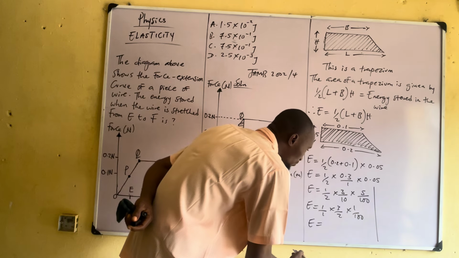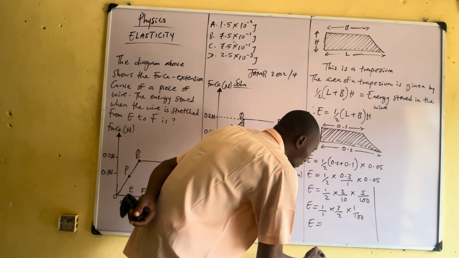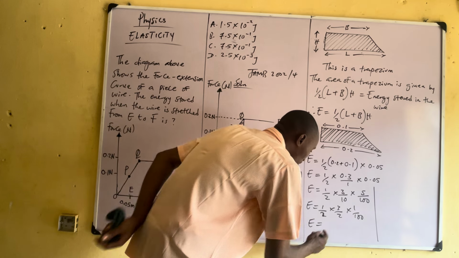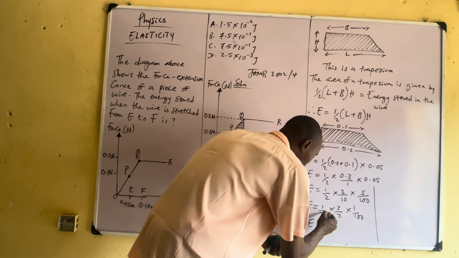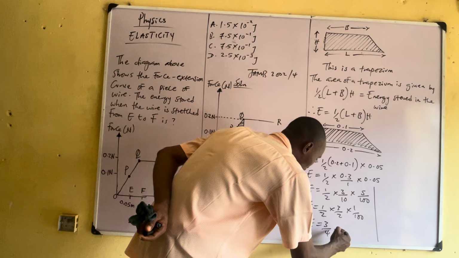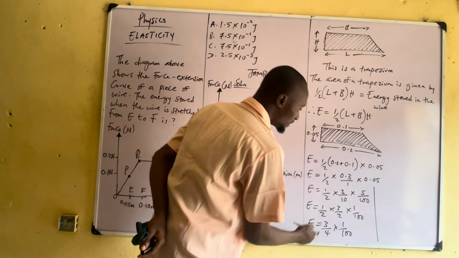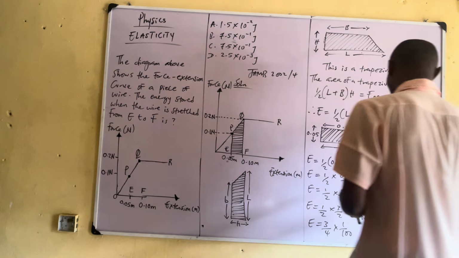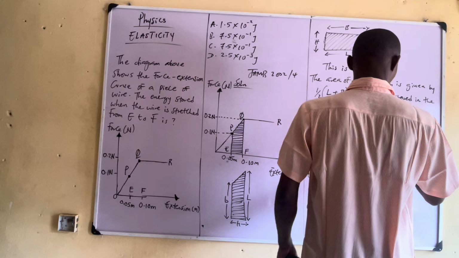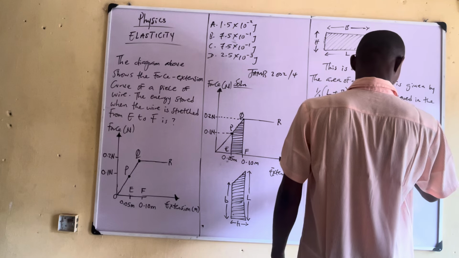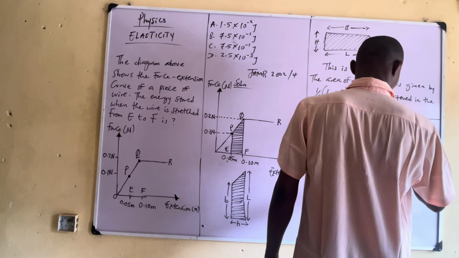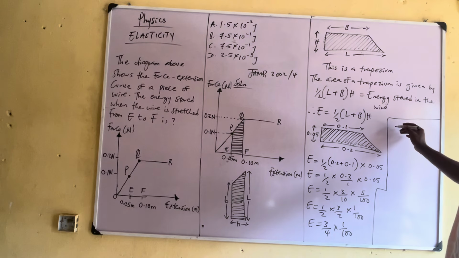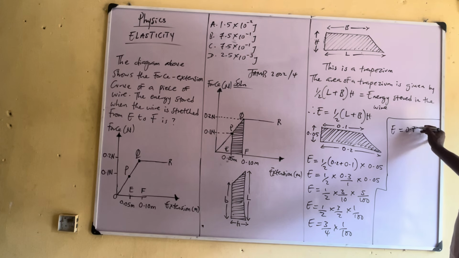So E is equal to 1 over 2, here is 1 over 2, so this is 3 over 4 times 1 over 100. 3 over 4 will give us 0.75, times 1 over 100 is 0.01.